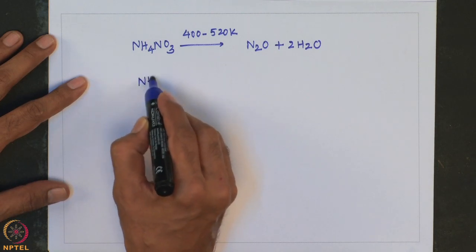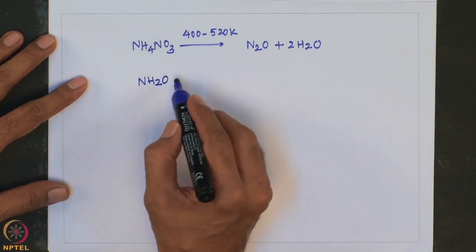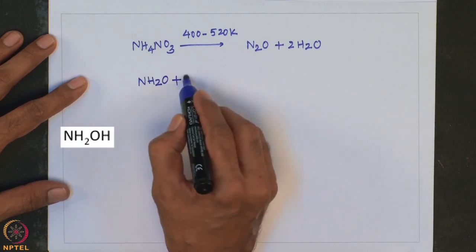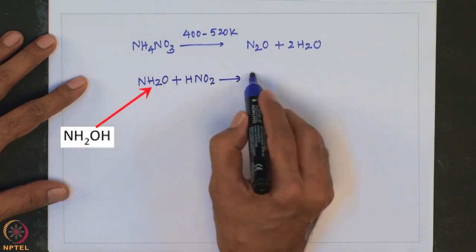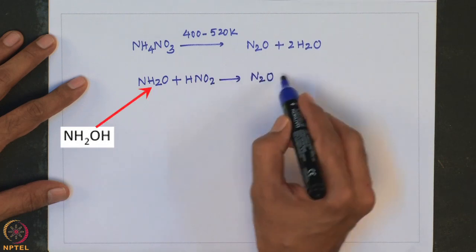Similarly, NH2OH combined with HNO2 leads to the formation of N2O.